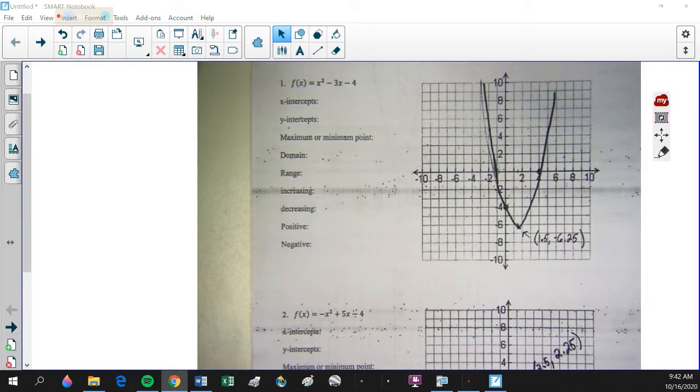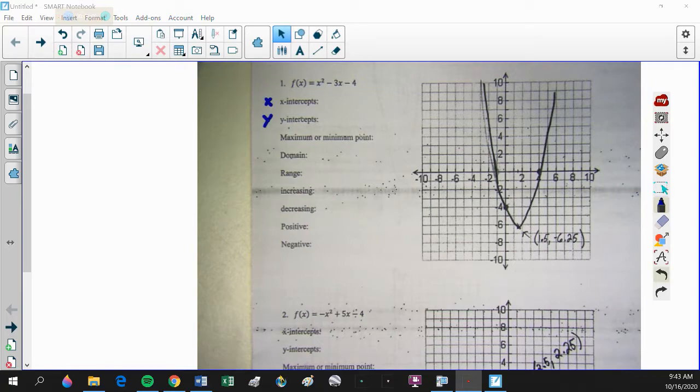All right. So for this first one, we have a bunch of different things we need to list about this particular parabola. And I have graphed the parabola for you. But I want you to go down and state whether the value is an x or a y. So this one is an x.